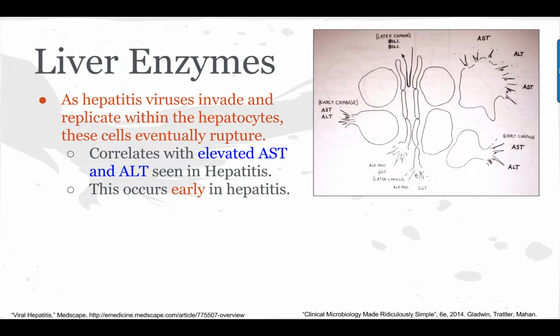So AST and ALT are markers of hepatocellular injury. This occurs in the early stages of hepatitis.